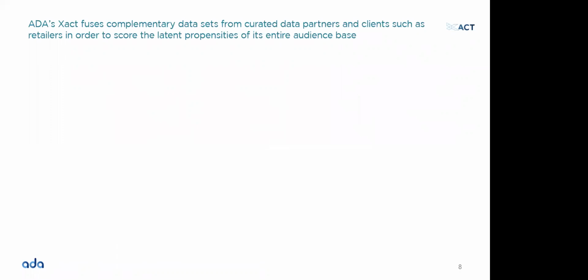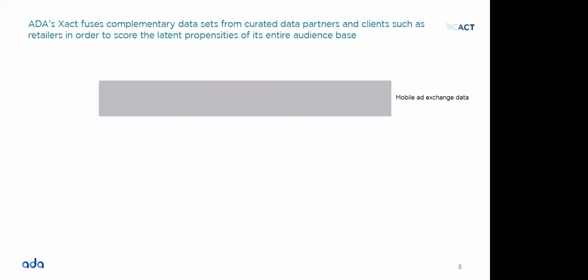So it's very important for us to have a systematic way to fuse complementary data sets together, as well as to use it to produce more insights about our audiences. Right? So at the core of our 88Exec, it's this mobile ad exchange data. Now, if I were to depict the data that we have in the form of a rectangle, we can think of the width of the rectangle as the number of users or the reach of the data set.